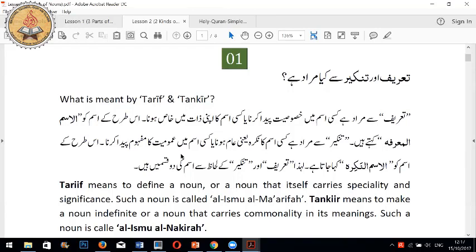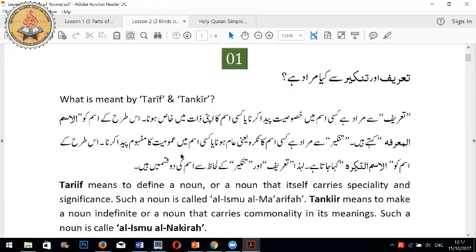While tankir means to make a noun indefinite, common, a noun that carries commonality in its meaning. Or you can say that a tankir is the opposite of tarif.